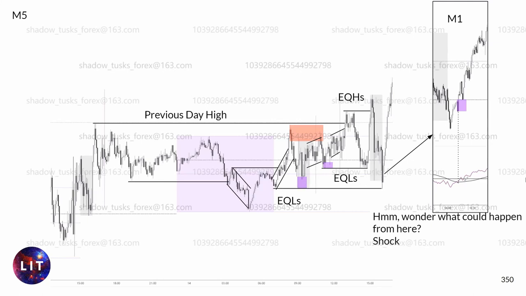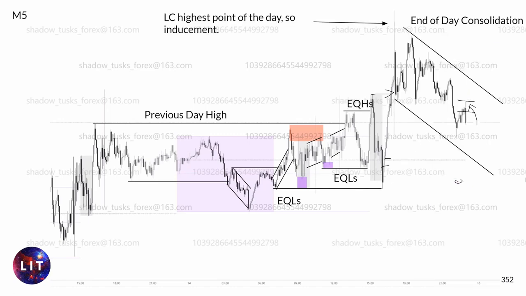And then again, we get a very nice M1 let. And then we come down, mitigate the M1 let, take that trade wherever it is up to these highs to end the day for our end of day consolidation. And as you can see, London close was the highest point in the day.